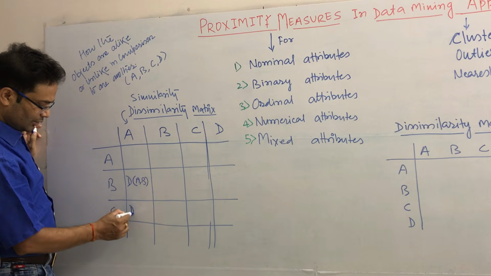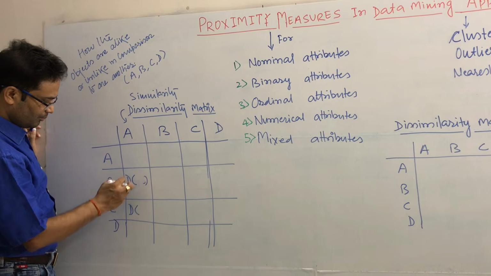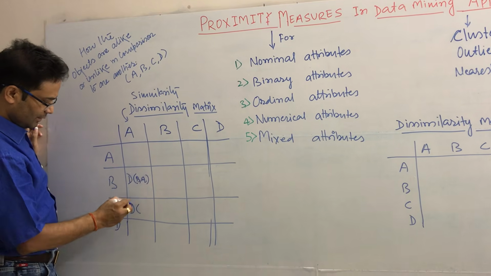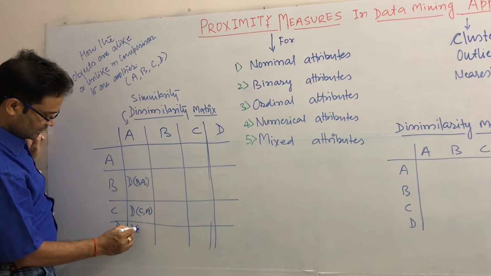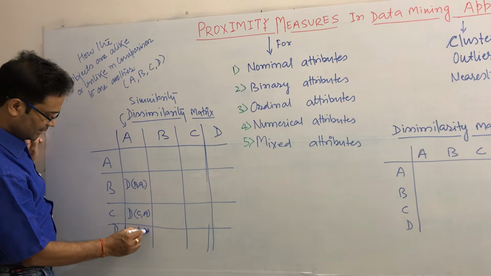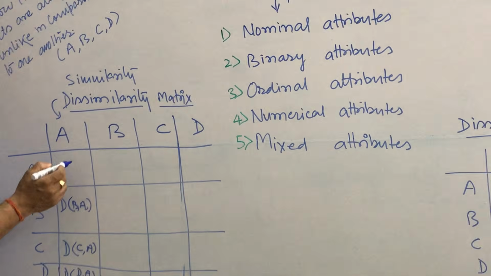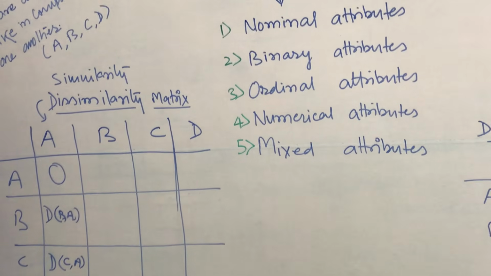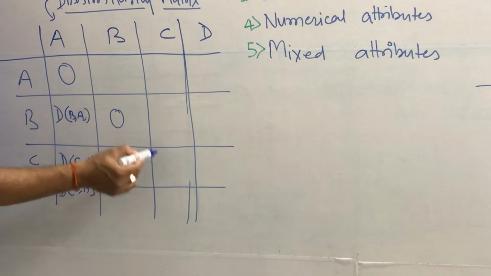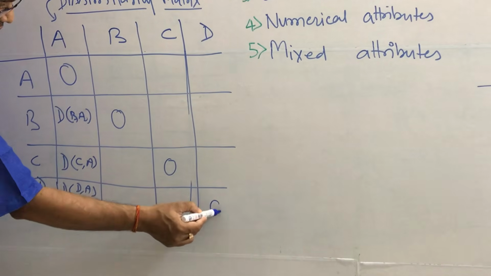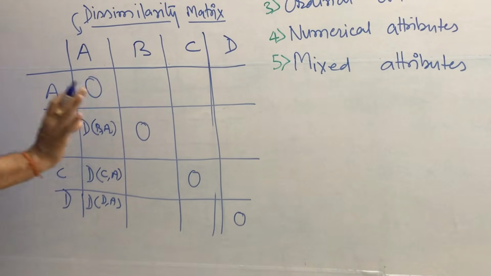Here also d(B,A), here d(C,A), here d(D,A). But the difference between A and A is always 0. In the same way, the difference between B and B is always 0, C and C is 0, D and D is 0. So the whole diagonal must be 0.